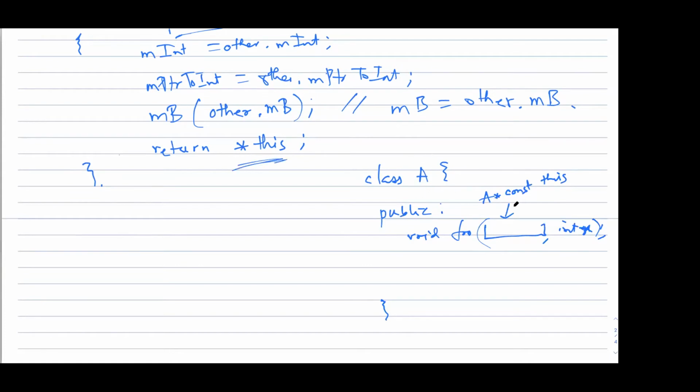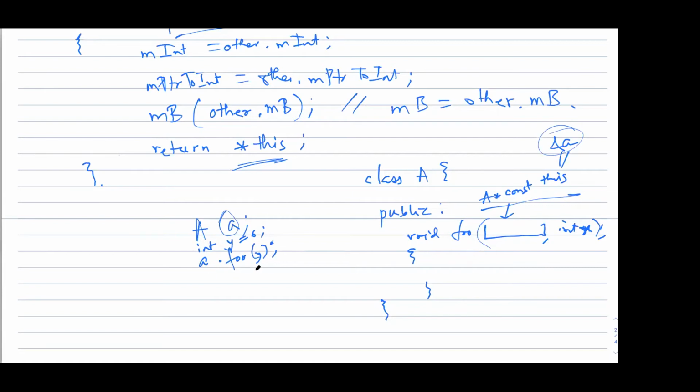It points to me. So when you call a dot foo, inside the function foo, suppose I'm passing a parameter, so let's say int y equal to 6. You pass y, okay, y gets passed through x, but there is also this invisible pointer that gets passed in. But what is this? This is basically the same as ampersand a, or the pointer to this object a.